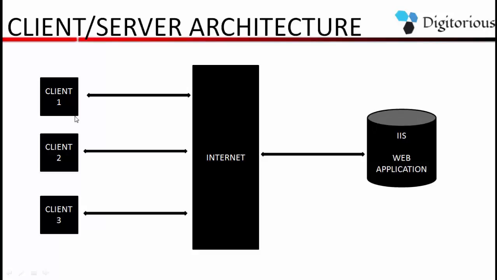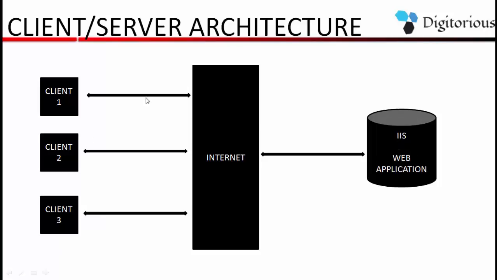Just assume that all these clients wish to access this web application which is installed on the server. In that case, all these clients do not require anything to be installed on their machines. The only thing they require is an internet connection and a web browser. That's all they need to access this particular web application.